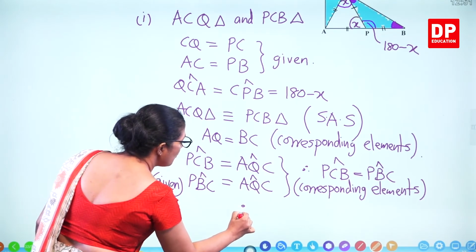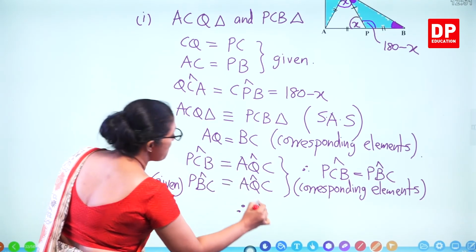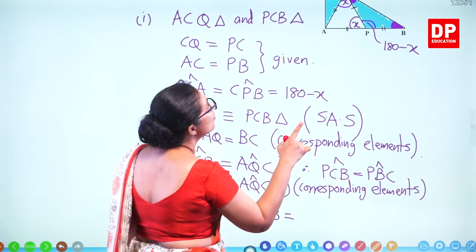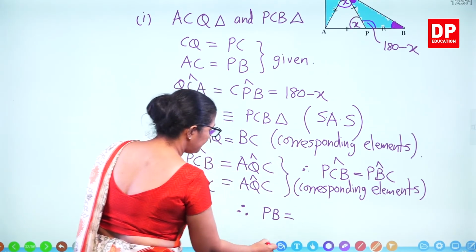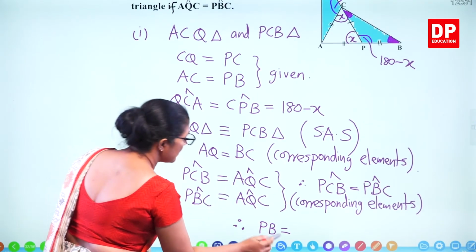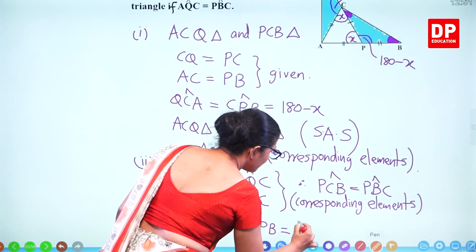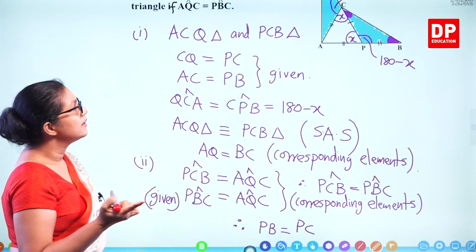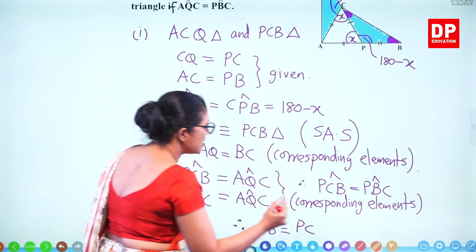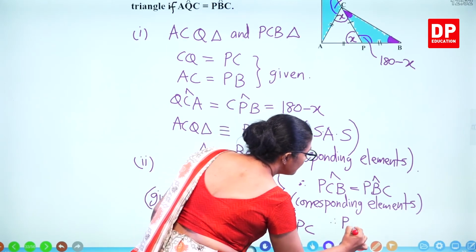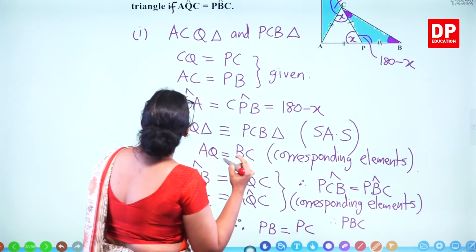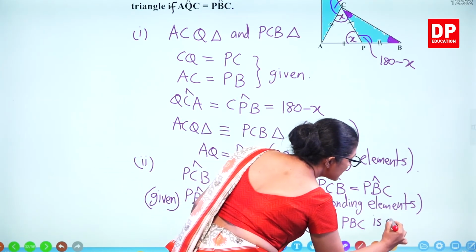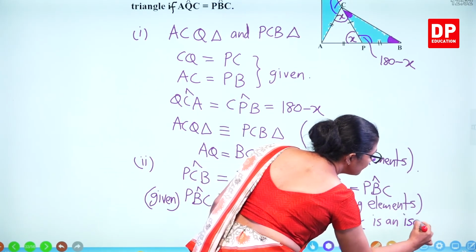So therefore, PB length is equal to PC length. Two lengths are equal. So you can write PBC is an isosceles triangle.